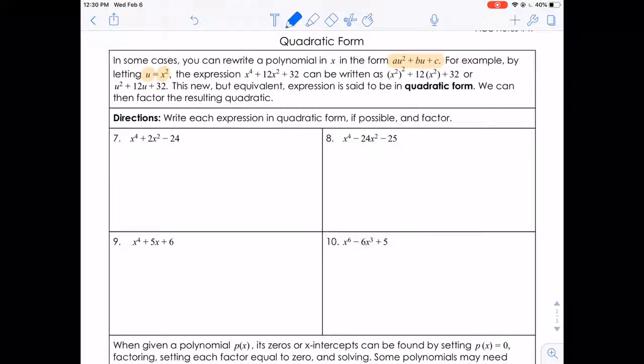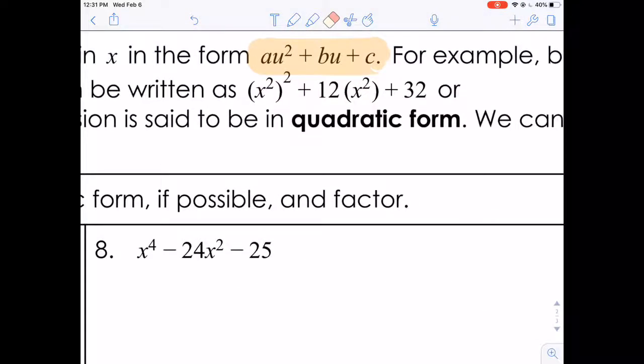Then we can turn something like x to the fourth power into x squared squared, because that would be x to the fourth, and then 12 times the x squared, and then 32. So we see that same format start to come alive, but instead of the x squared squared, we're just going to put a u every time that we see x squared. That way we now have that format that we're used to, the squared, the u, and the number by itself.